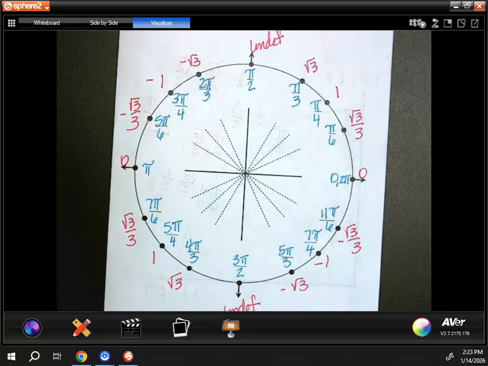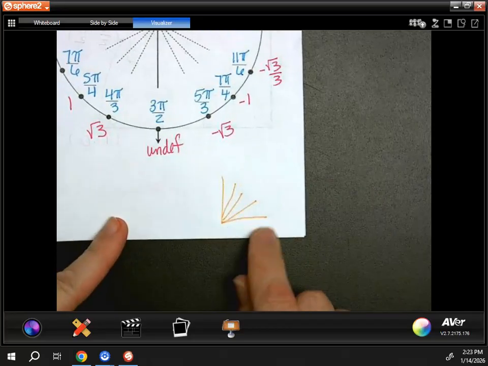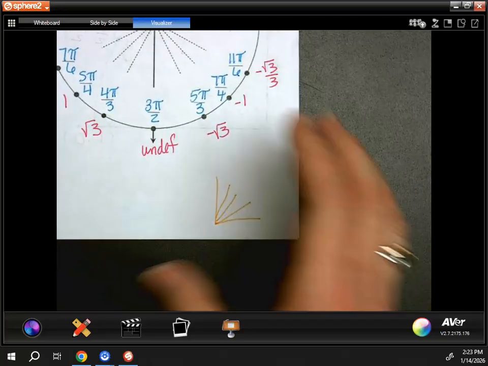If you want to put it in your ISN with the blue paper that looks like it, that's totally fine. I'm just not going to make you put it on a page if you want to keep it out so that you can use it to practice. But you don't necessarily have to have something printed to do that. If you want to practice the first quadrant, you could just draw something like that. You don't even have to have a circle, and you can just fill in your first quadrant, right?